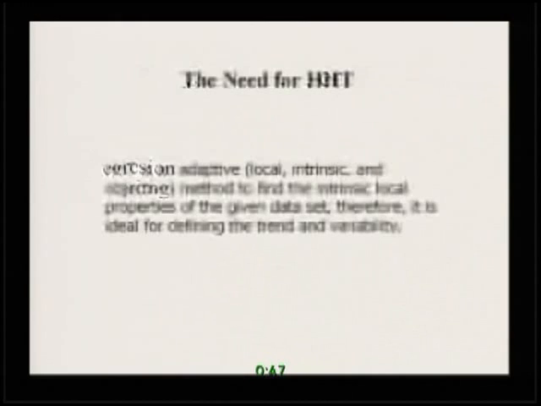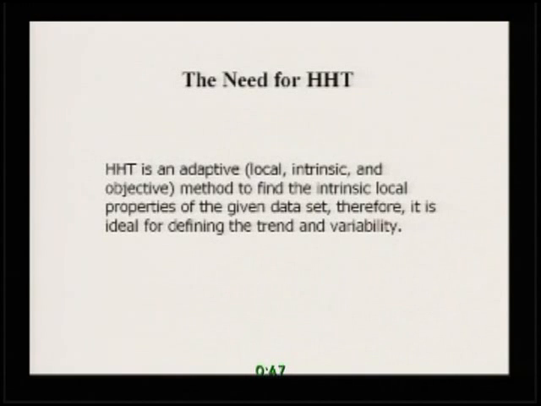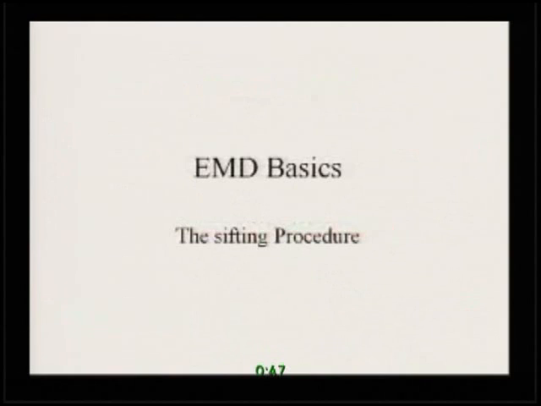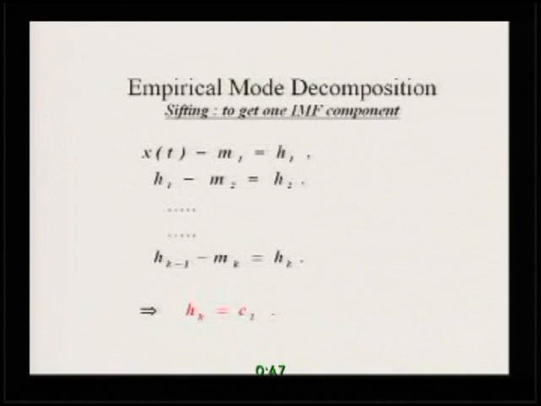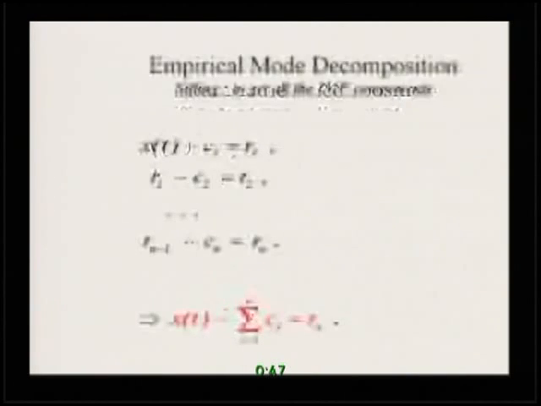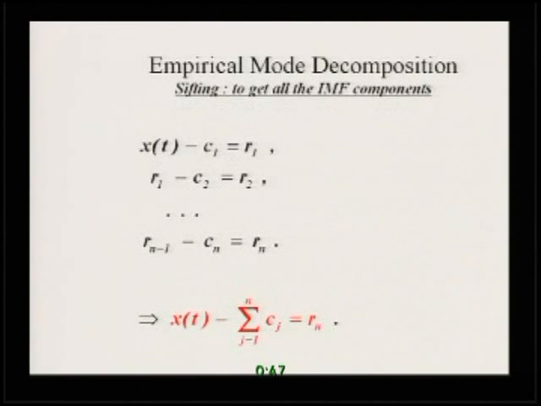And what I suggest is that we need an adaptive method. This adaptive method is EMD based. We do this, go through, we get C1, and finally we get X equal to the summation of Cj plus Rn. Rn is of course a trend, but that is an overall trend. The trend that I'm talking about here is more than just that last residual.